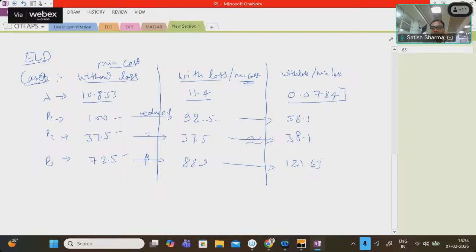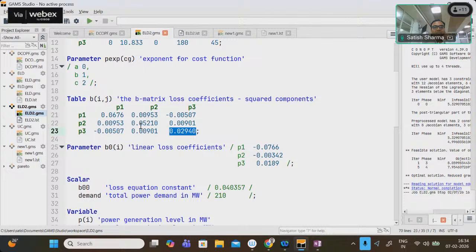So that's why we set it to a very high value, because losses are very less because of the third generator. So we start increasing this value, and we decrease this particular value because it is creating too many losses. And then the second generator was creating a moderate number of losses.